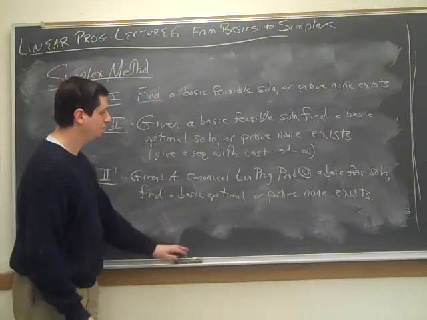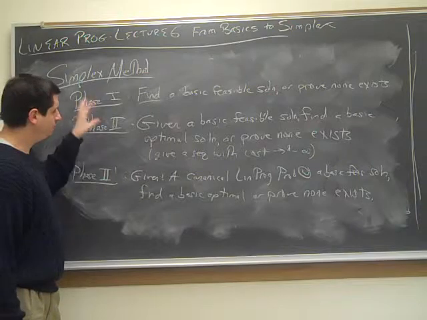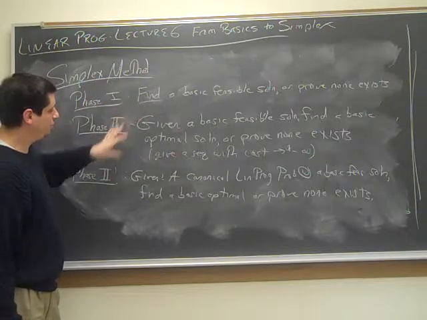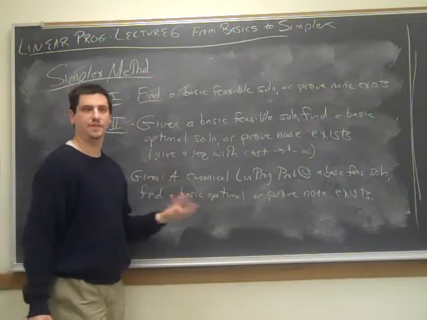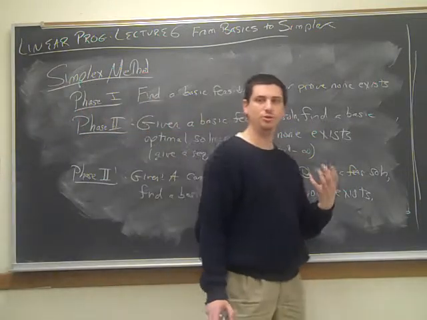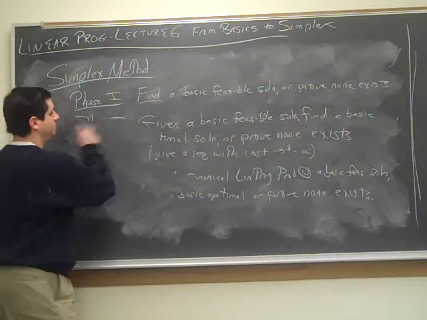So the goal is to show that we can do a simple version of phase 2, what we'll call phase 2 prime. A very special canonical linear programming problem where the basic feasible solution is blatantly obvious.